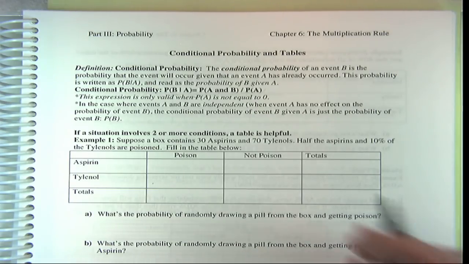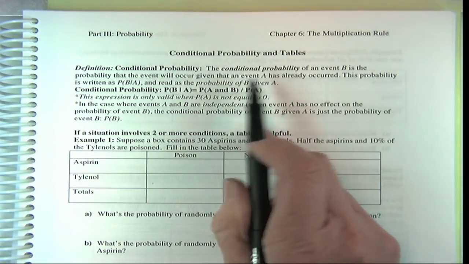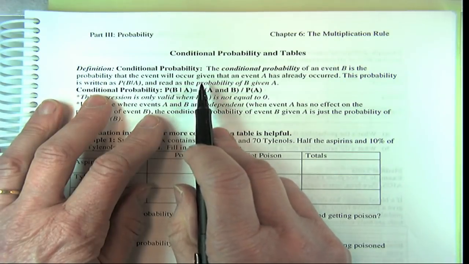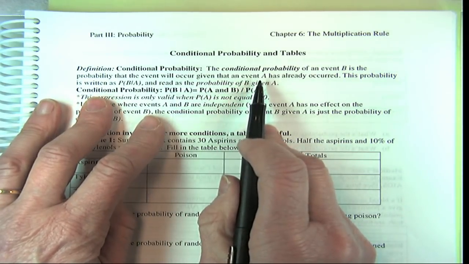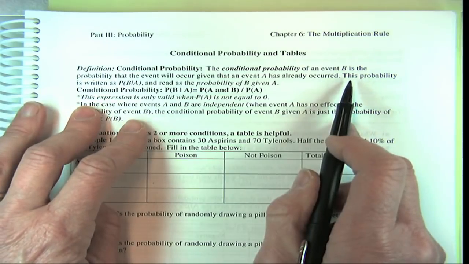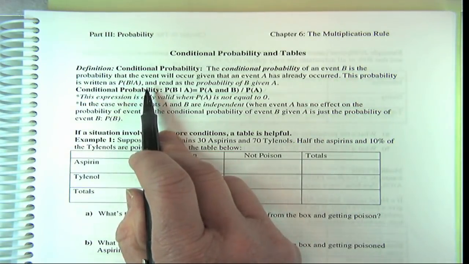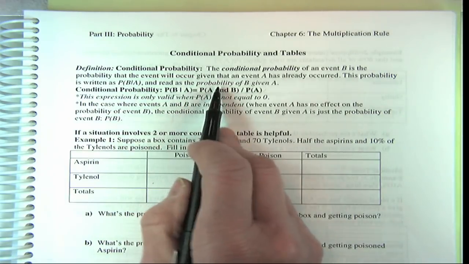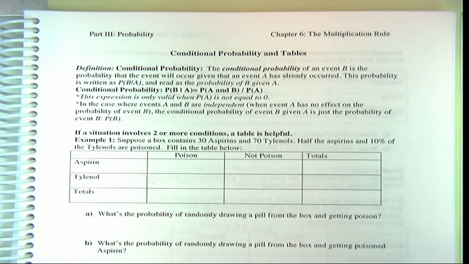All right, conditional probability. The conditional probability of an event B is the probability the event will occur given that event A has already happened. So we've talked about this. So the probability of B given A. So you read it as the probability of B given A. That's what we already talked about.